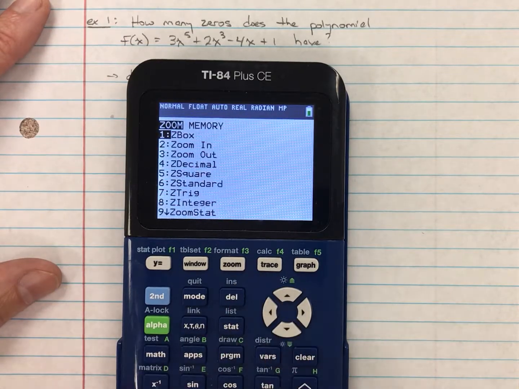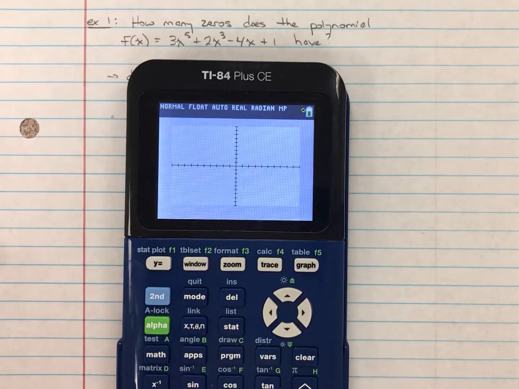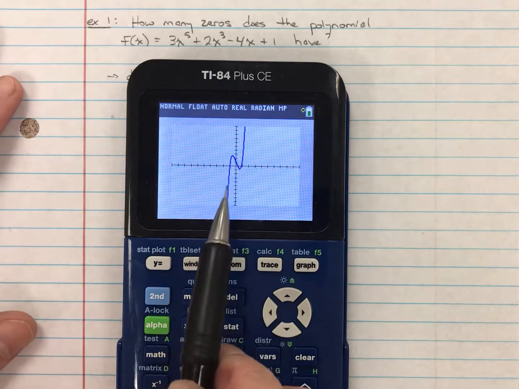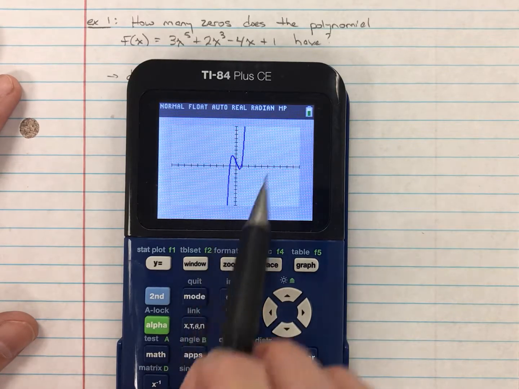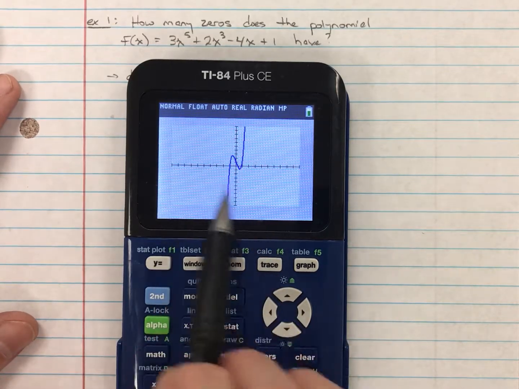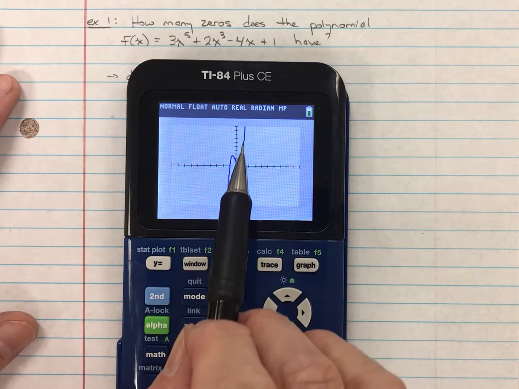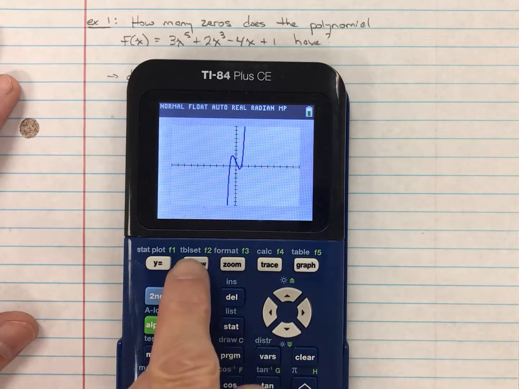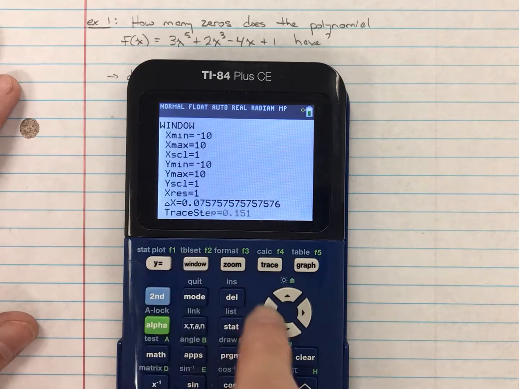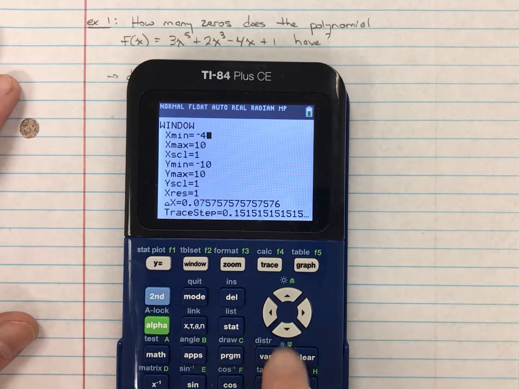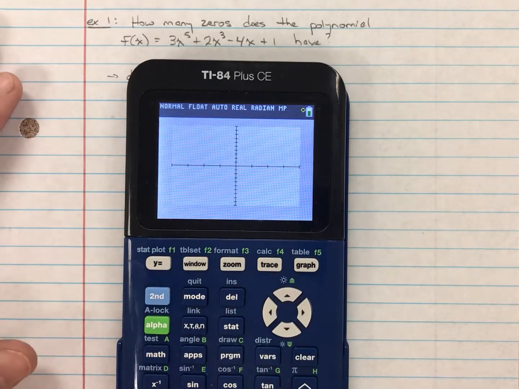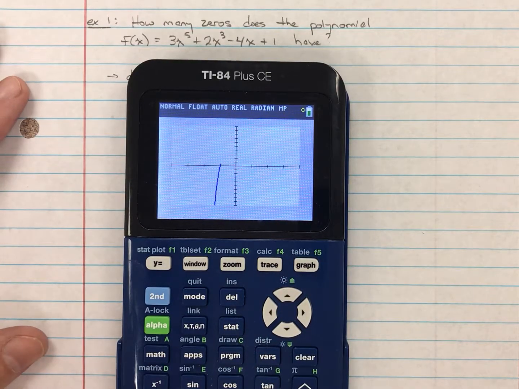I'll zoom to my standard just to start myself off. And there it is. It looks like it just takes off and goes up and takes off and goes down on the ends. So let's zoom in a little bit. Let's go from -4 to 4 on the x-axis, and let's see the area around the origin.